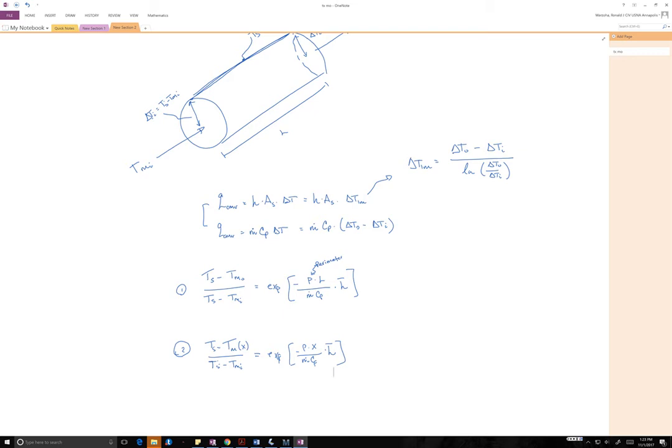The point here is that you can use any combination of these things, knowing how to solve for your convection coefficient with Nusselt number, in order to solve for any missing term. So let's say you're missing your surface temperature, or your mean outlet temperature. It's easy enough then to isolate one of those two and solve for it.